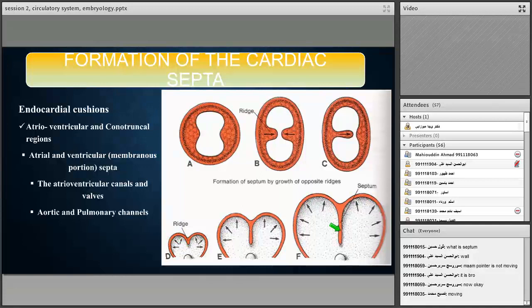So, this part is forming a septum in the lumen.